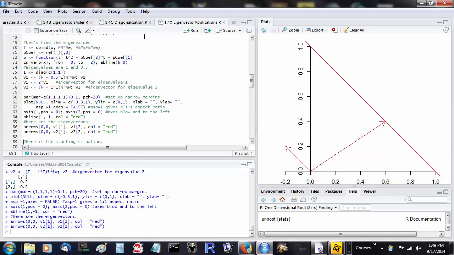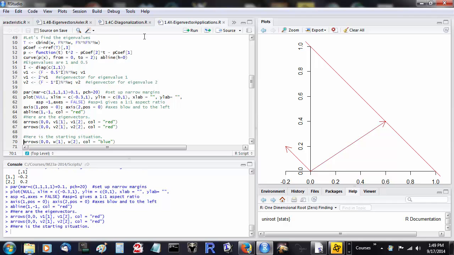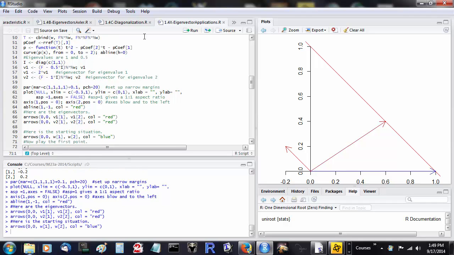As each point is played, the vector moves so that its head travels along that red diagonal line. Now let's plot the starting situation. The starting situation is not the same as the eigenvector for eigenvalue 1, but it differs by what looks to me like -2 times the second eigenvector.